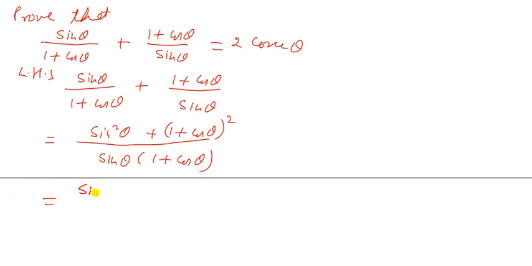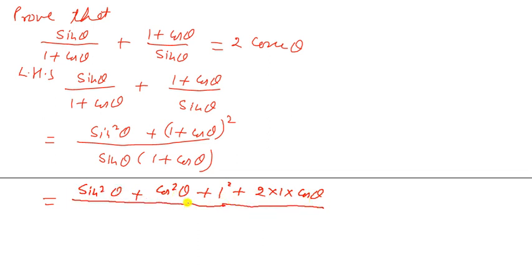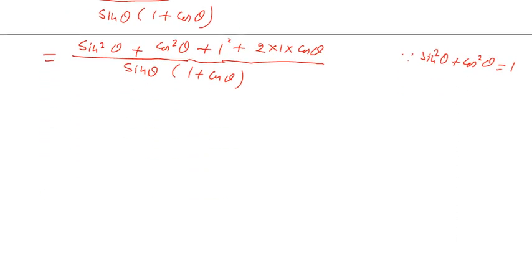So open the bracket: (1 plus cos theta) whole square. So it is sin square theta plus, opening this, cos square theta plus 1 square plus 2 into 1 into cos theta, divided by sin theta and 1 plus cos theta. As you know, sin square theta plus cos square theta is 1.